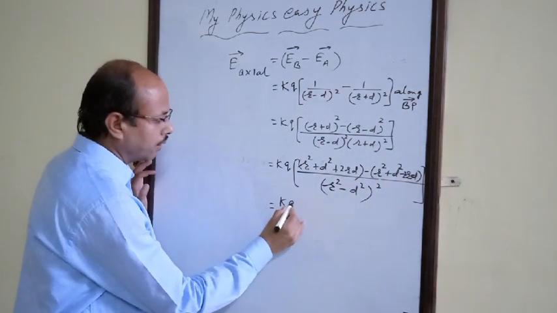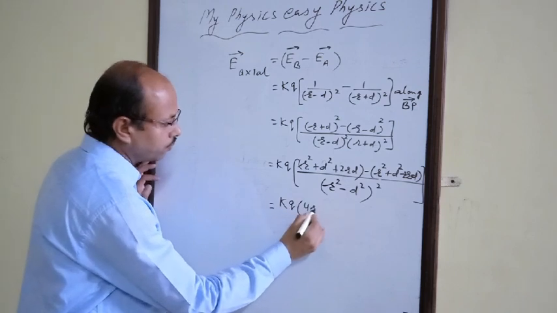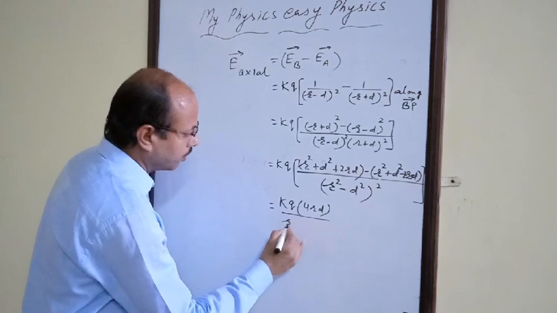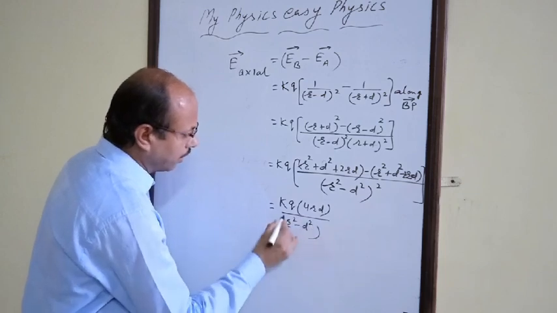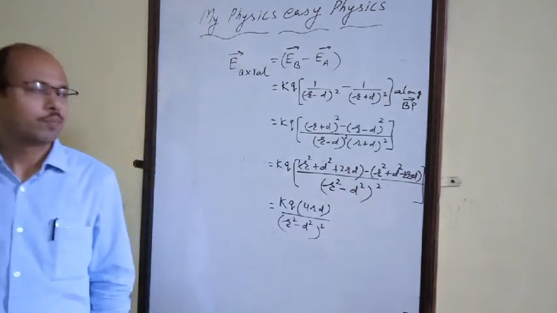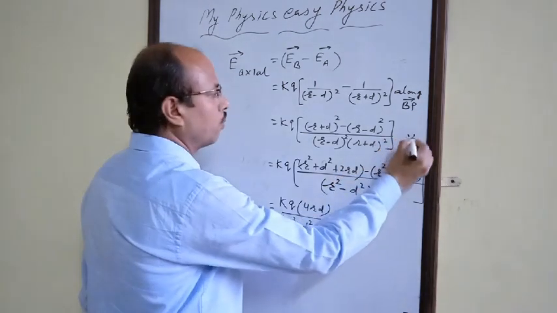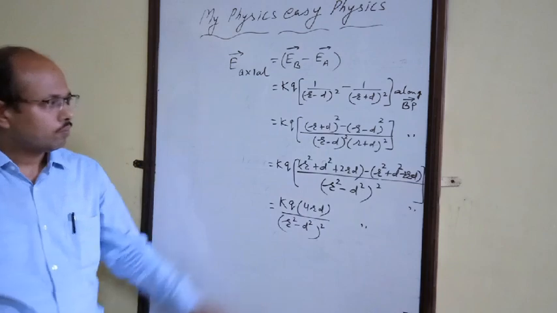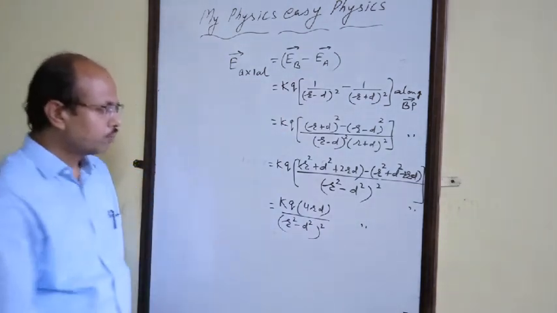Therefore, we can write KQ into 4RD divided by (R square minus D square) whole square. And this is along BP, this is also along BP. Direction we have to mention clearly.